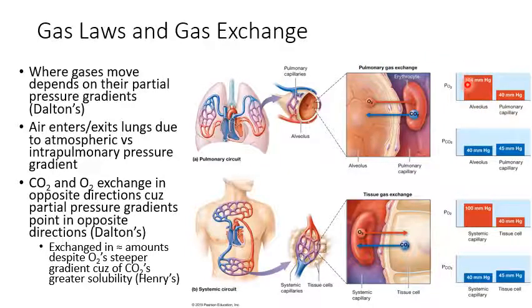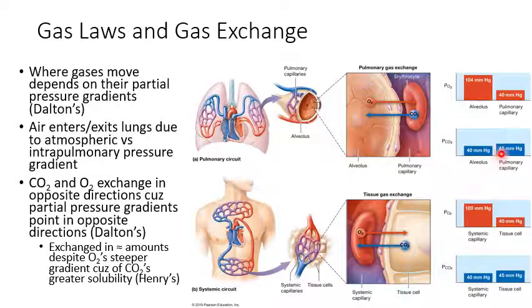So for oxygen, you have a partial pressure in the alveolus that's pretty high. It's around 104 millimeters of mercury. In the pulmonary capillary, it's much lower. It's about 40 millimeters of mercury. So that means that oxygen, when it crosses the respiratory membrane, is going to be crossing down its concentration gradient into the blood. It has a bigger partial pressure in the alveolus and smaller partial pressure in the blood, so it will move into the blood.